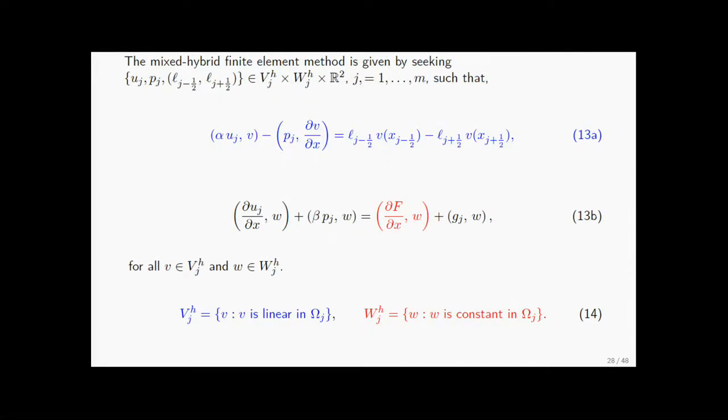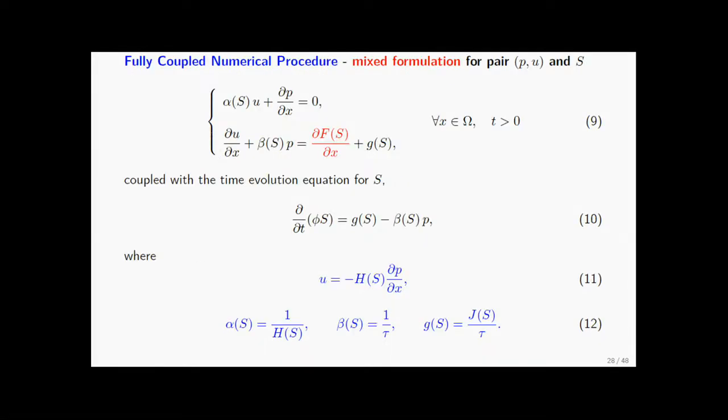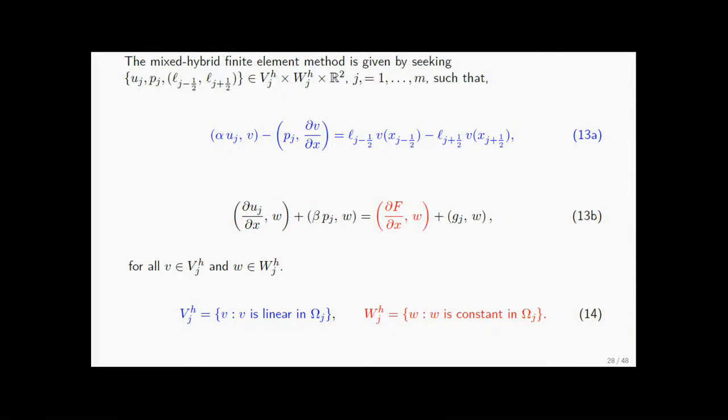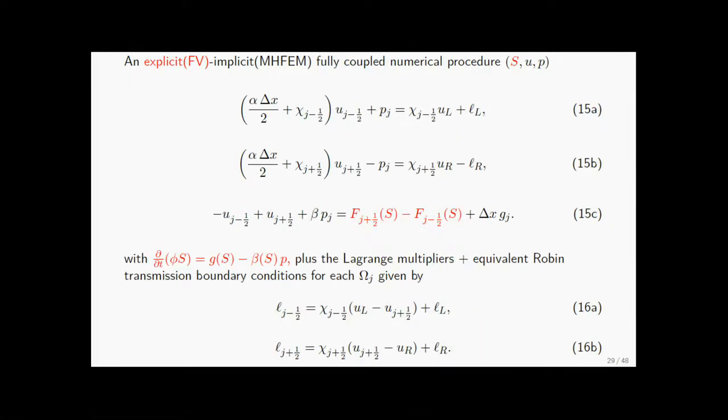The next slide will be the discretization of only these equations here. So the idea is, by using the Raviart-Thomas space, we take linear for the velocity and piecewise constant for the pressure. This is very interesting because after the standard calculation, we find this discrete system.